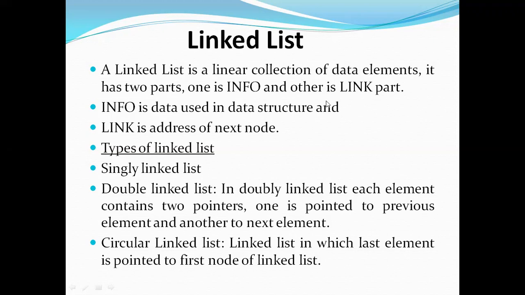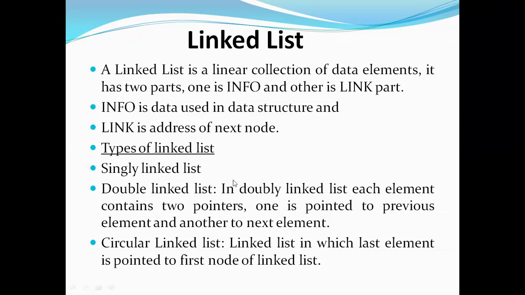One is the information part and the other is the link part. The information part is the data used in the data structure, and the link is the address of the next element. So first is the information that represents the data that we're going to use, and second is the link that represents the address of the next node.